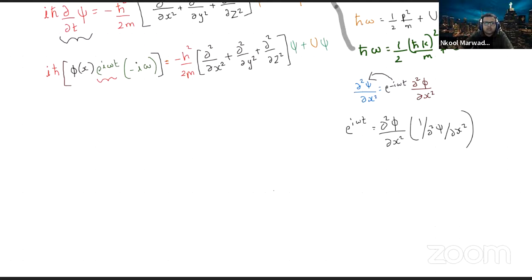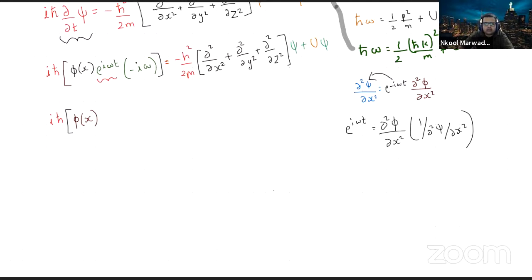I H cross, phi x. Now instead of this term, I can write the value, or the substitution is something like this.